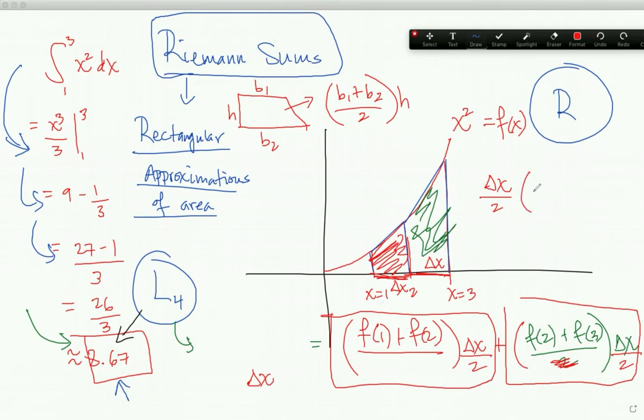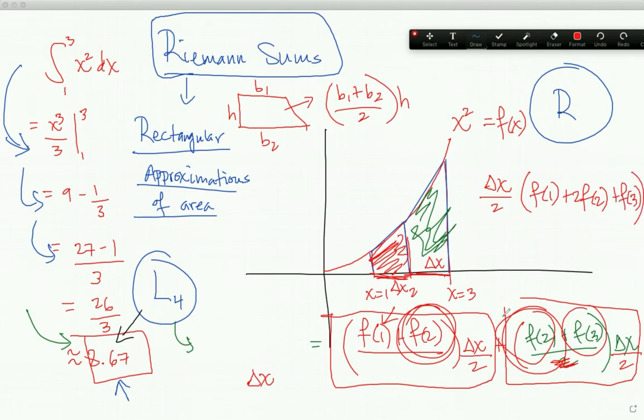And then f of 1, that's the leading x. That's not repeated, but notice that f of 2 will be repeated. So it's f of 1 plus 2 f of 2, and then the last one, f of 3, is not repeated. This is not of tremendous value right now, but if you're using a lot of rectangles, it makes a big difference.